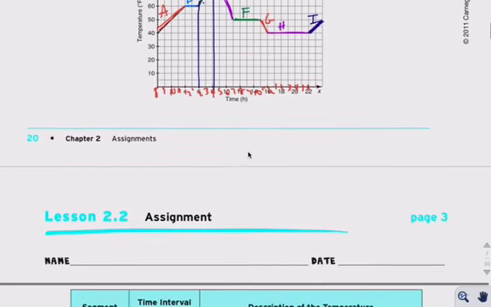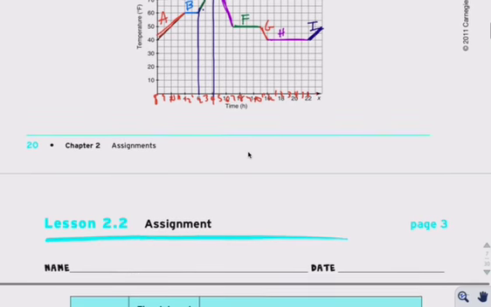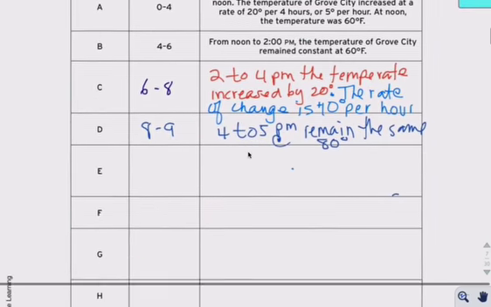Interval E is going down from 80 to 50 degrees.